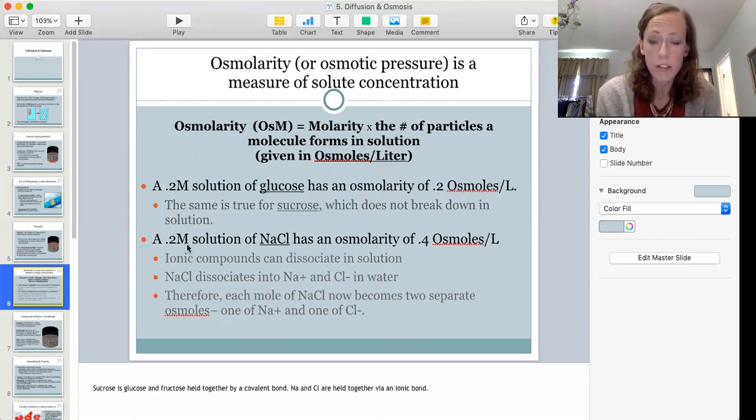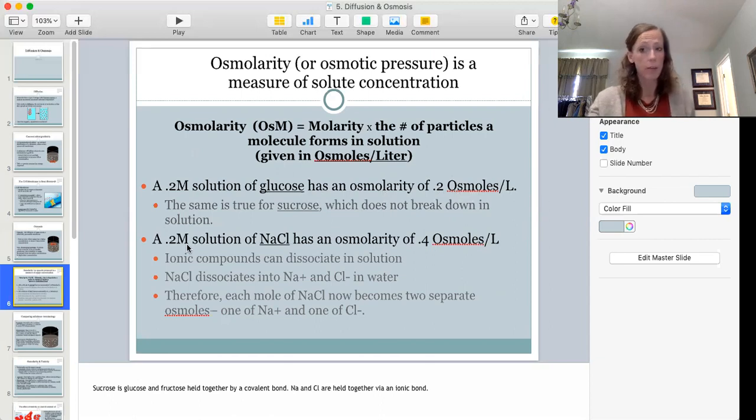This changes, again, when the particle dissociates when placed in water. So if we're talking about sodium chloride, a 0.2 molar solution of sodium chloride is actually going to have an osmolarity of 0.4 osmoles per liter. And the way that you would calculate this is that osmolarity is equal to the molarity times the number of particles that the molecule forms in solution, okay?